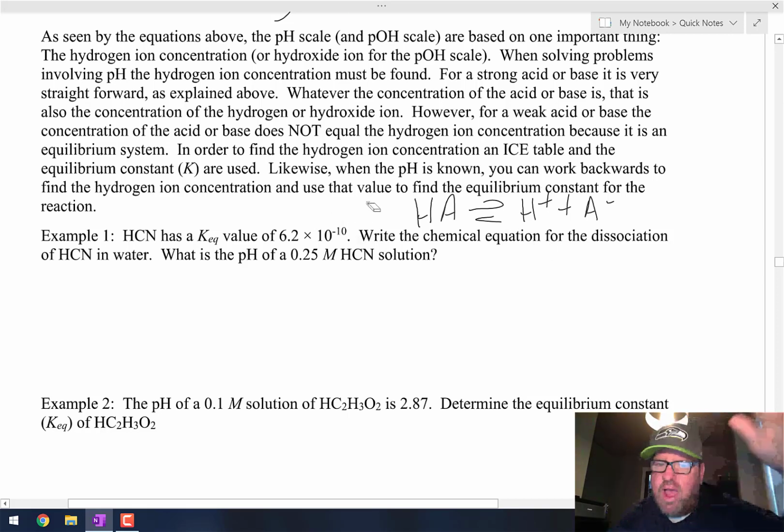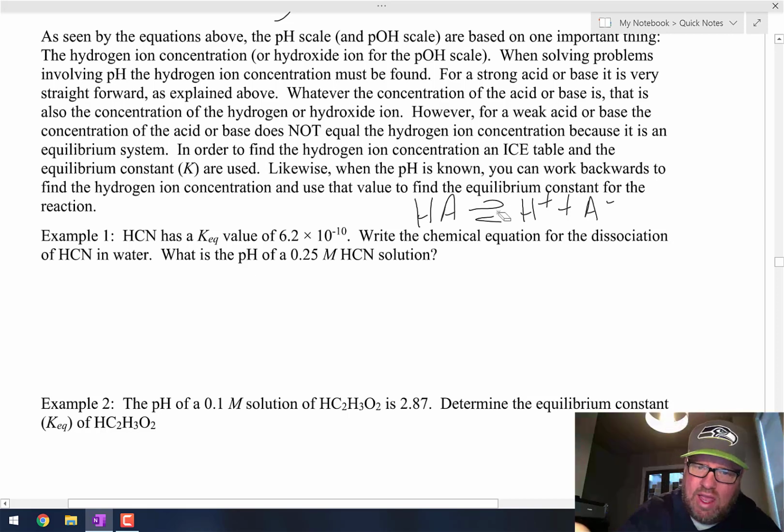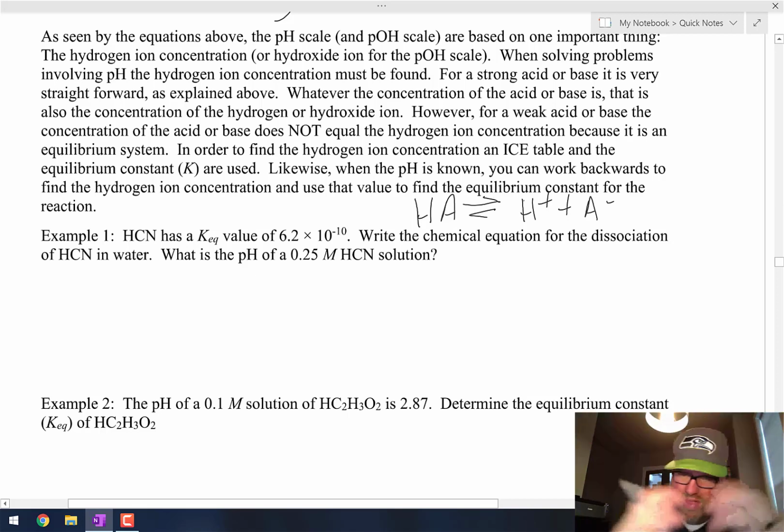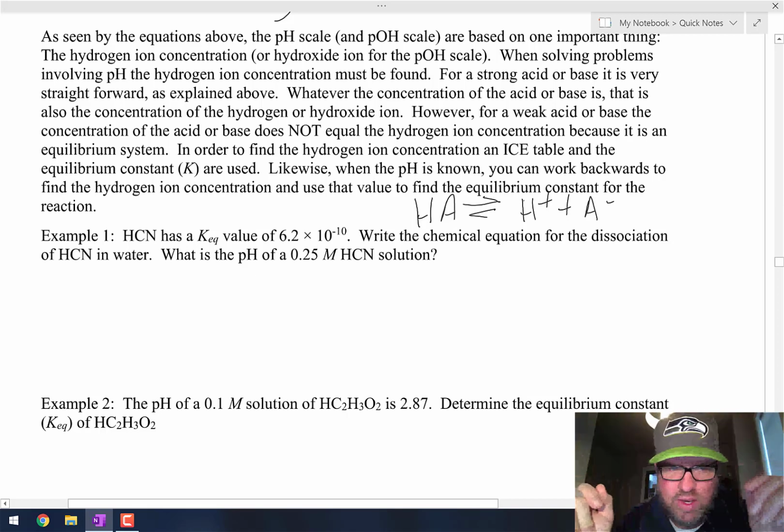With strong acids, absolutely yes. And again, there's no equilibrium arrow. If this is 0.125 molar, then so is the hydrogen ion concentration. But when it's not a strong acid, it's an equilibrium system, and they don't end up at the same point.